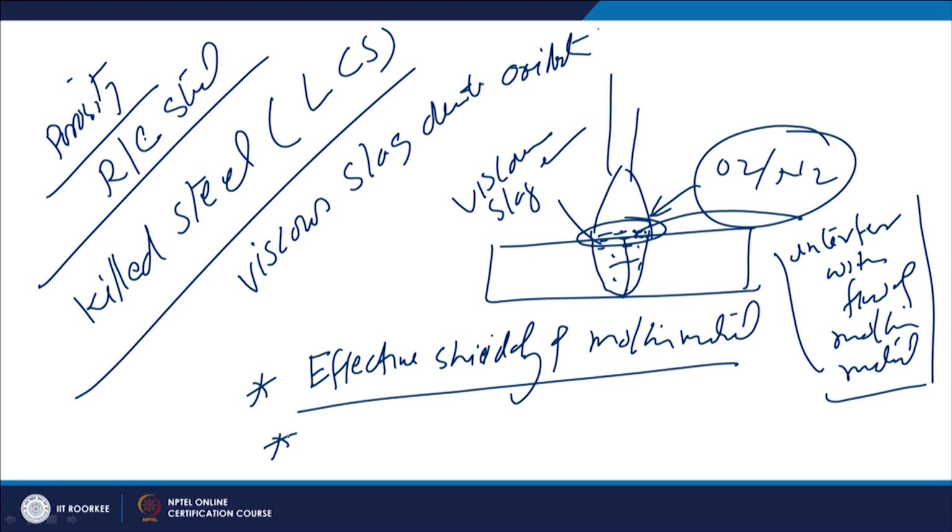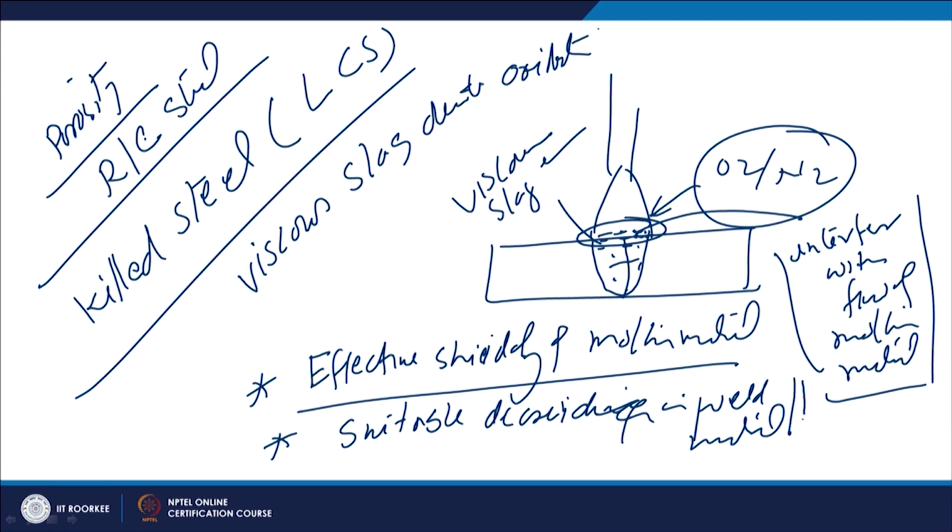Another thing is the addition of suitable deoxidizers in the weld metal. So, these deoxidizers will be reducing the amount of viscous oxides which are being formed, and the characteristics of the slag which will be formed will be more favorable as compared to that of the viscous slag.